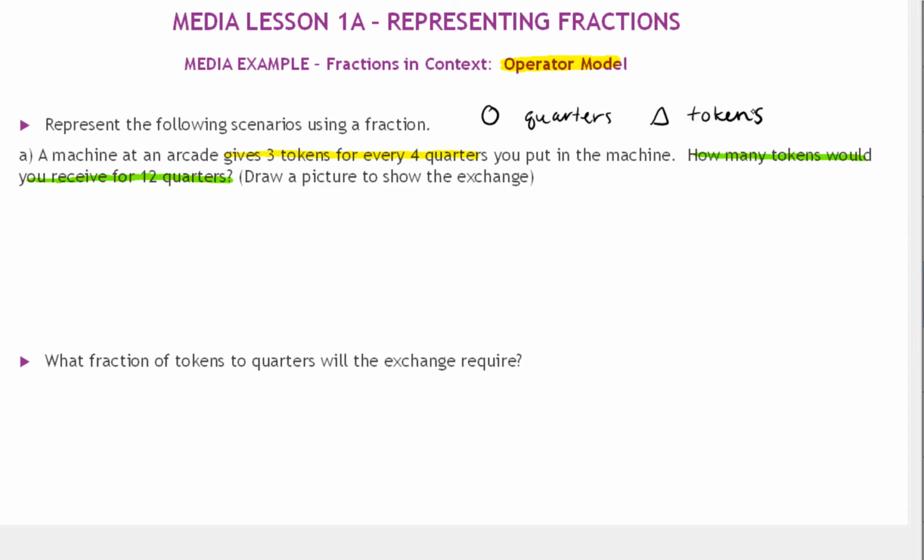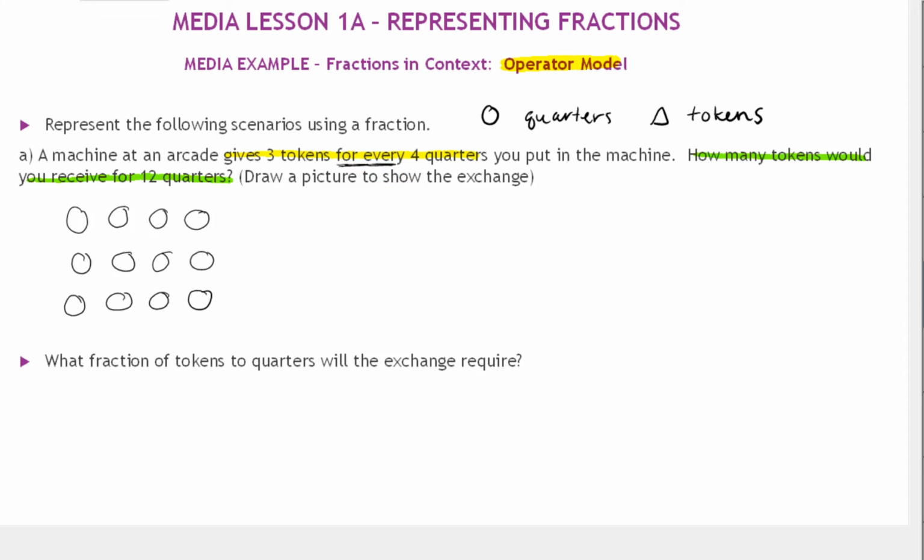So here's a picture. You have 12 quarters. And you're standing at the machine, and you know that for every 4 quarters, you will get 3 tokens. So 3 tokens for every 4 quarters. And notice that "for every" is a good indicator of a fractional relationship.